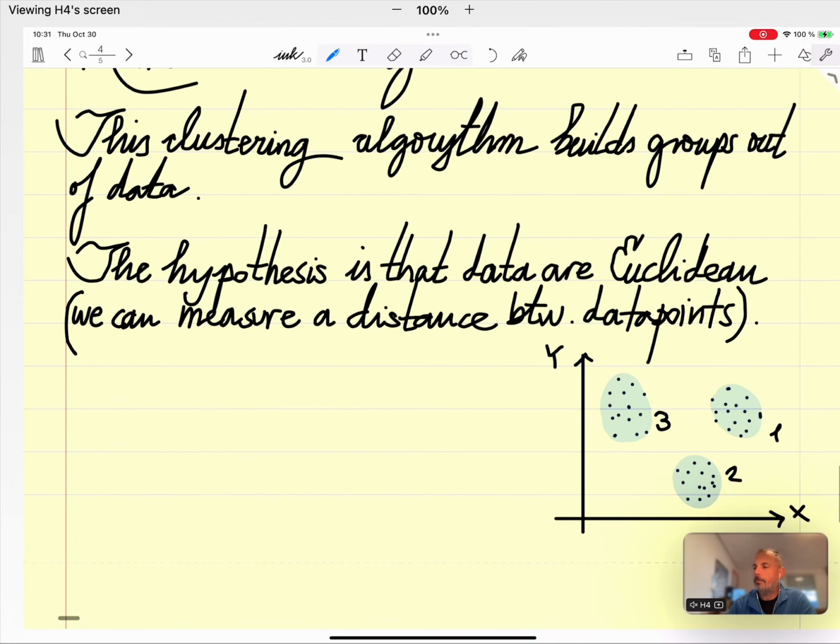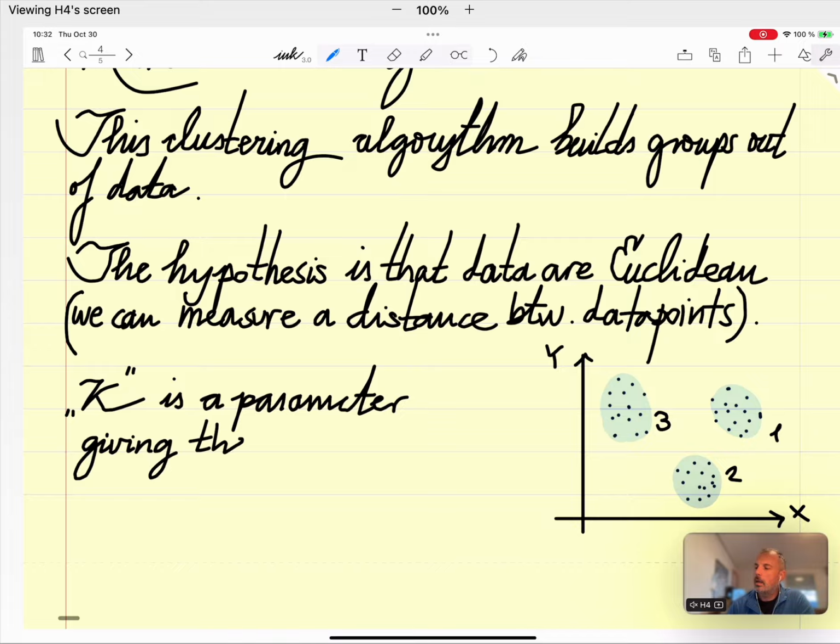K is a parameter giving the number of groups. Okay?